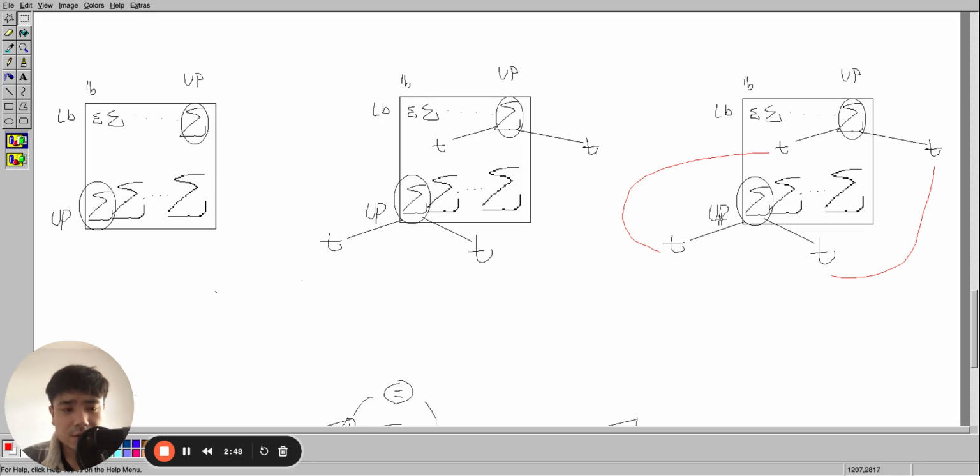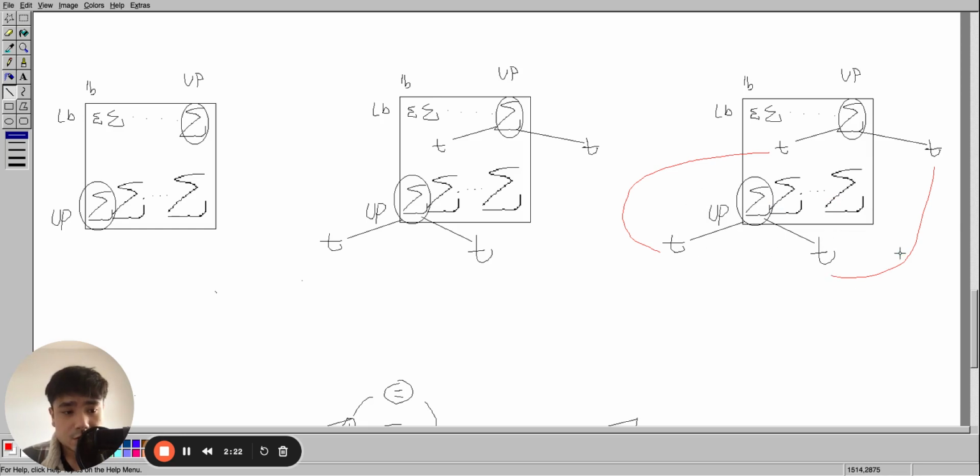Now, when the target value is on the right hand side, as you can see, it could fall anywhere in this particular row. This t value could be anywhere in this region, so we cannot make a generalization on all the pairs of the upper bound.